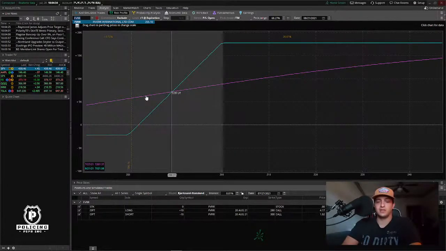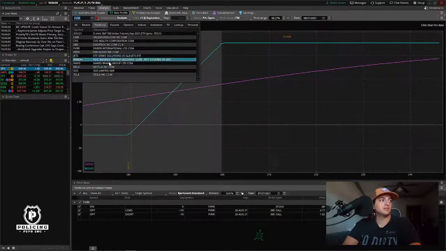Or you could wait a little longer. This gray line in the background is like the mean deviation of likelihood of where it's going to end up. So it could end up anywhere in this gray box. That's price projections and just math. So the golden zone really is that cross at 7,300. That would be a nice spot to take off profits. Right, let's see what else we got.